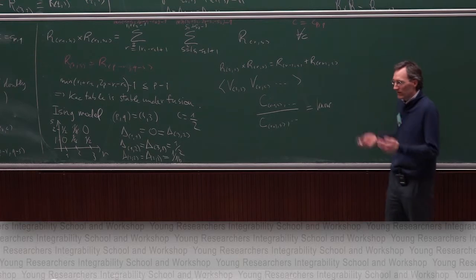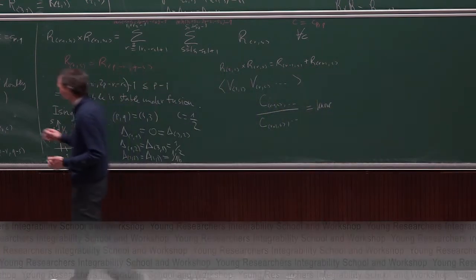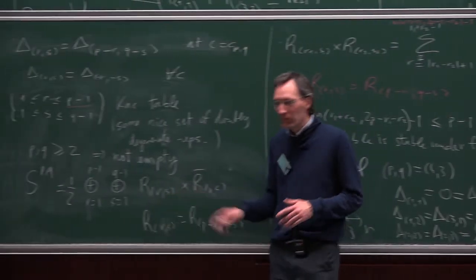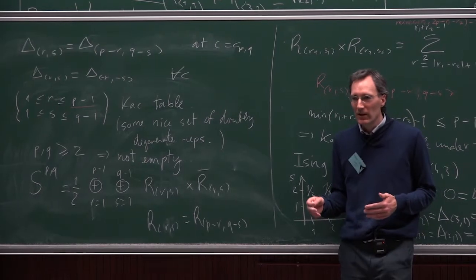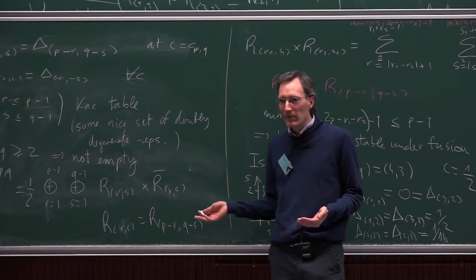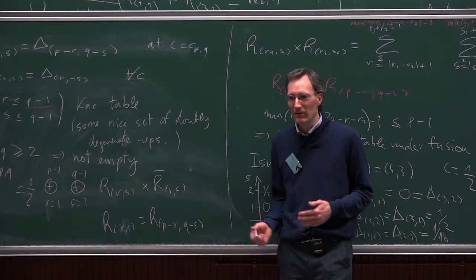So basically, the only thing you can do is to take a sub-model of your minimal model. So to take a subset of representations that is stable under fusion, well, you can do that and consider just this sub-model. But that's a really rather trivial case of having a different solution.